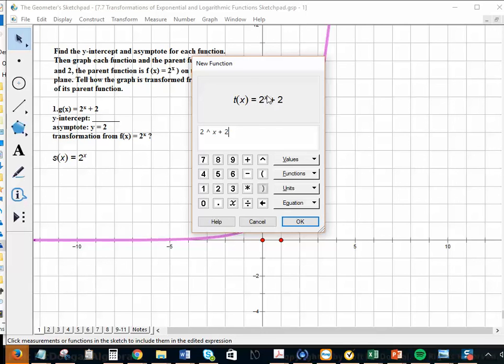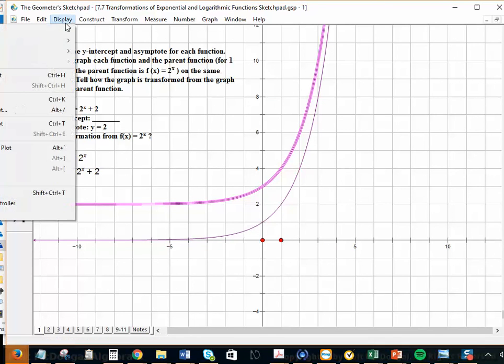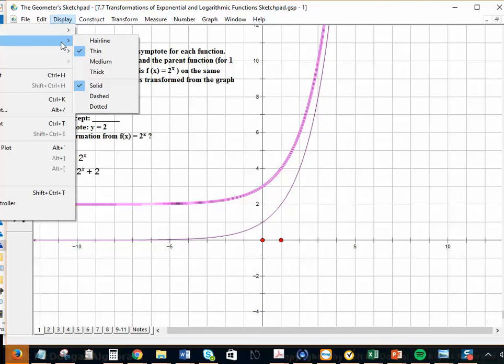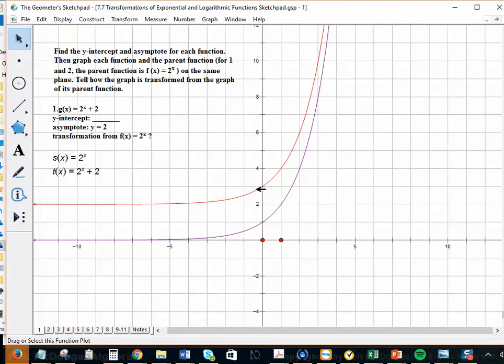If you want the 2 to be added to the exponent, I'll need parentheses around it, and I don't on this one. Okay, so there's the transformed function. One thing I like to do is change the color. So I go to line color, and then I'll just change it to red. So my transformed function is the red one.